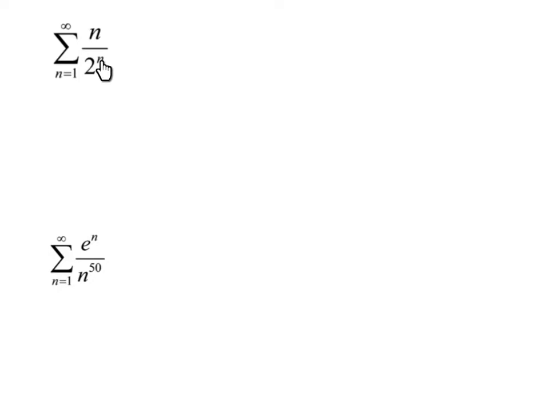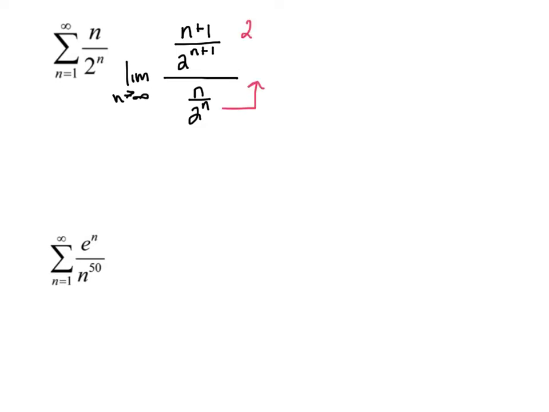The next term would be n plus 1 over 2 to the n plus 1, divided by the current term, n over 2 to the n. We take the limit as n approaches infinity. Well again, I like to multiply here by the reciprocal.